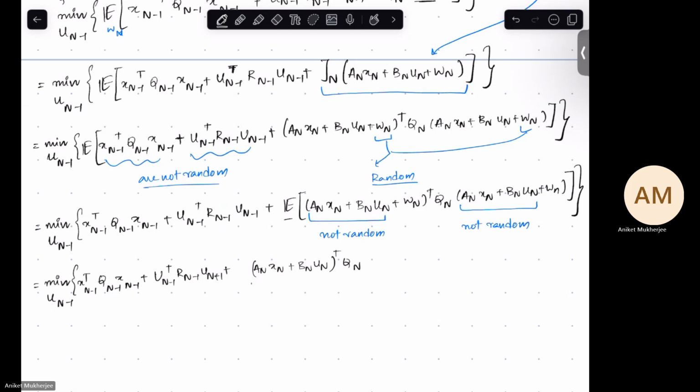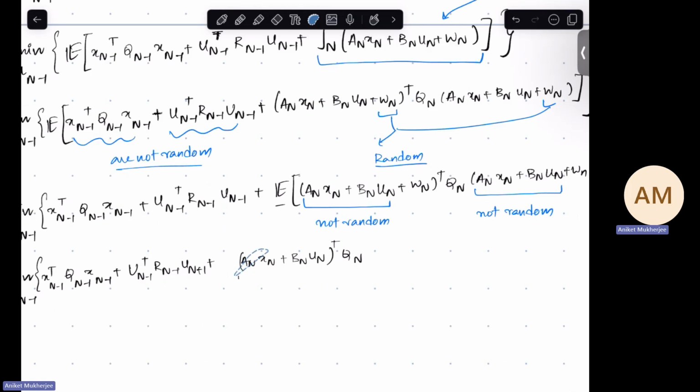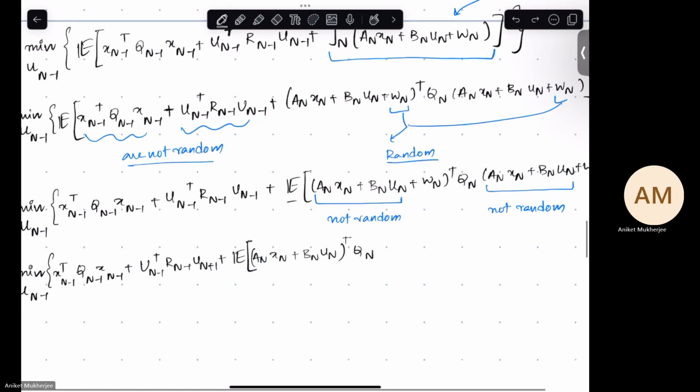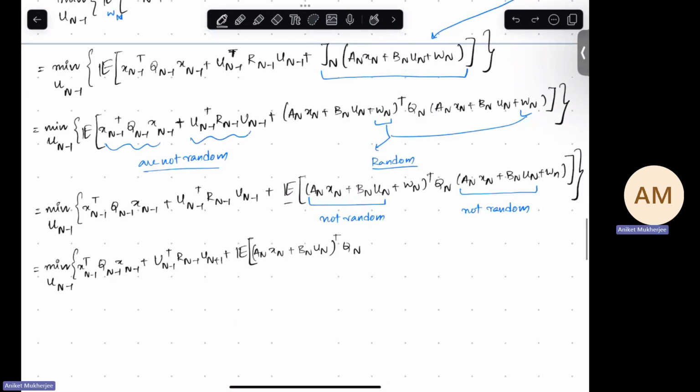This term does not depend on, this is not a random term.